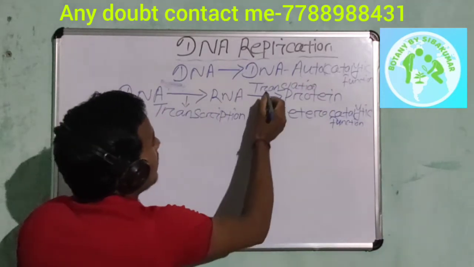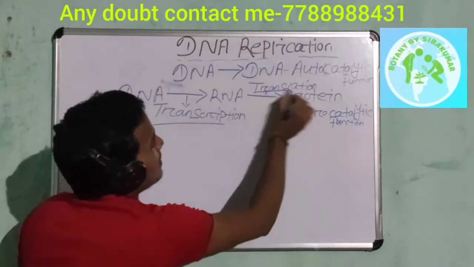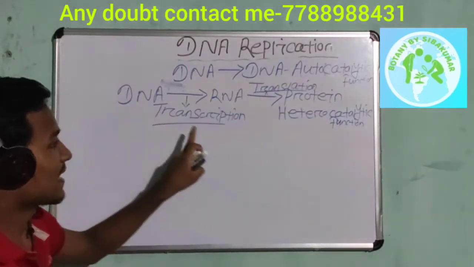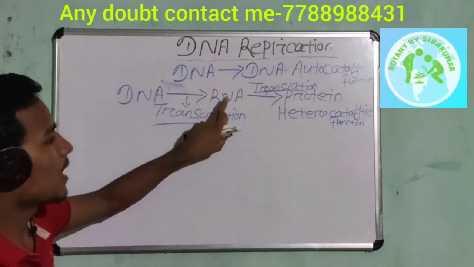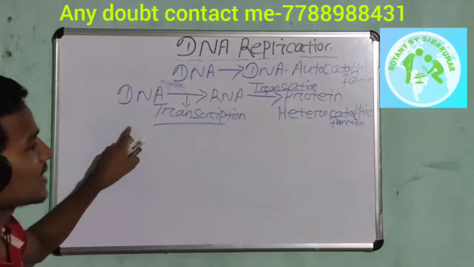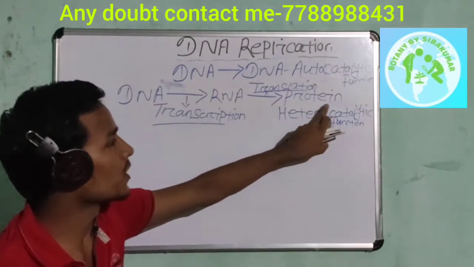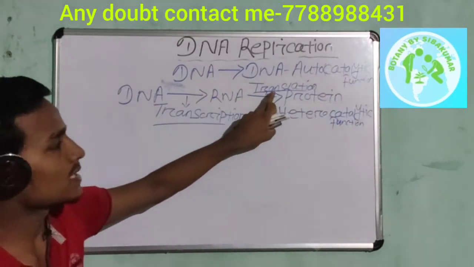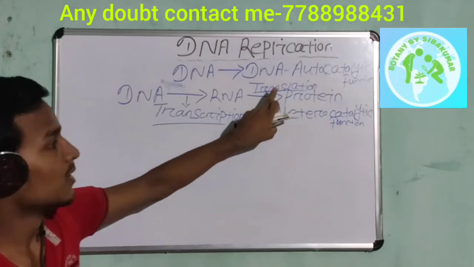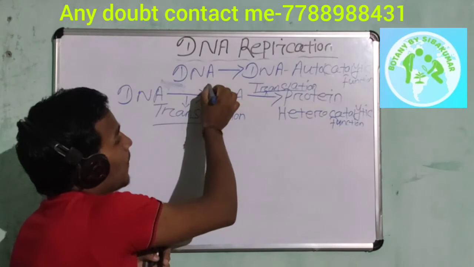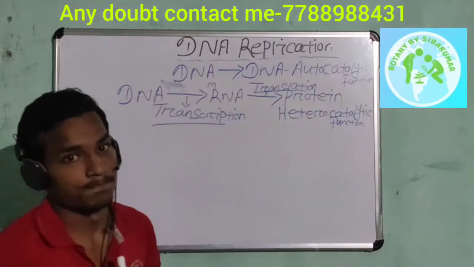That means, what are transcription and translation? Transcription means the formation of RNA from DNA, and translation means the formation of a protein from RNA. Especially, proteins are formed only from mRNA.